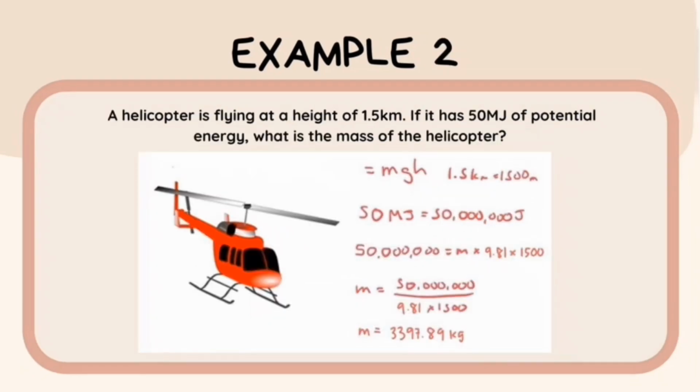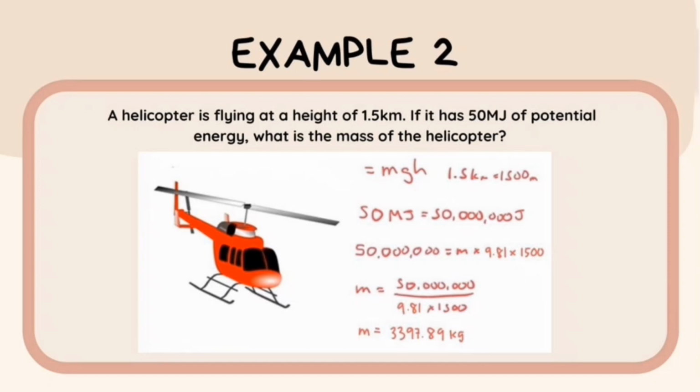Okay, so for example 2, a helicopter is flying at a height of 1.5 kilometers. If it has 50 megajoules of potential energy, what is the mass of the helicopter? In this question, they want us to find the mass of the helicopter. They already stated the height of 1.5 kilometers and 50 megajoules of potential energy.